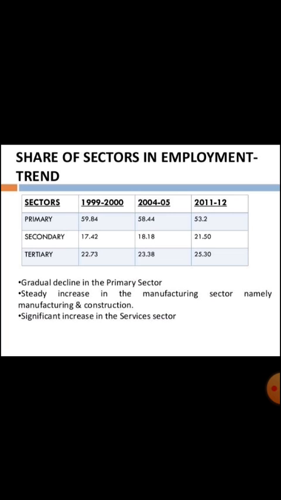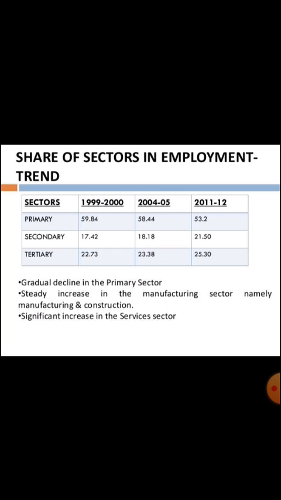While the secondary sector in 1999 till 2000 provided 17.42% of employment. In 2004-05, 18.18%, and between years 2011-12, 21.50% of employment was provided by the secondary sector. Likewise, the tertiary sector in 1999 till 2000 provided 22.73% of employment.